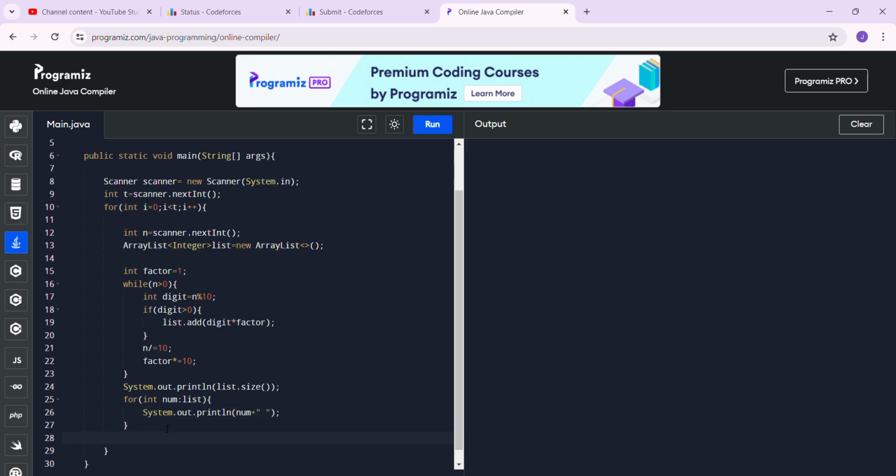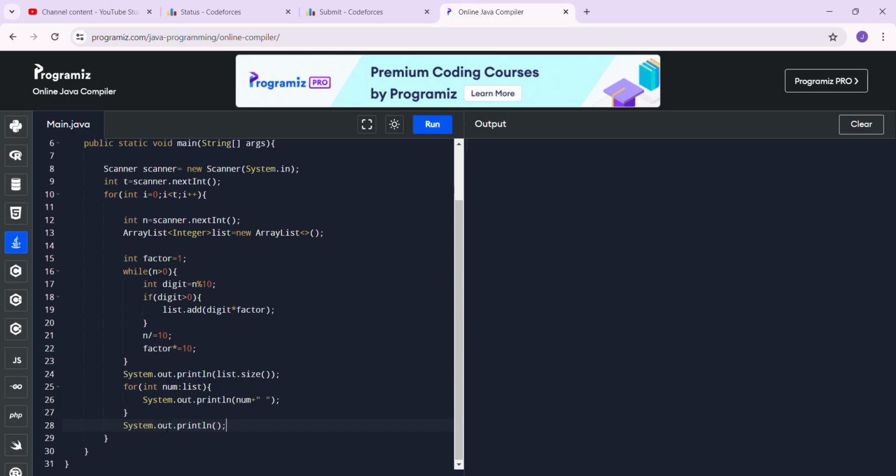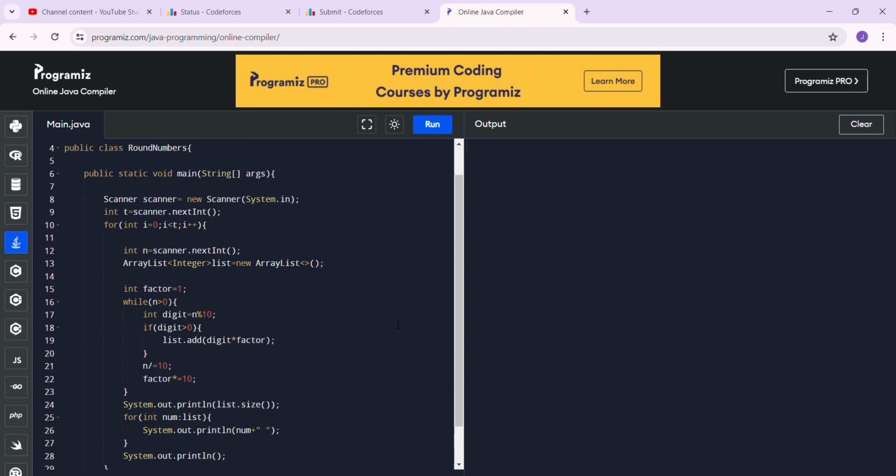We add a newline, otherwise it will be printed on the same line and will not look so nice. So we added this line, and at the end we will close our Scanner. Let's try to run it.